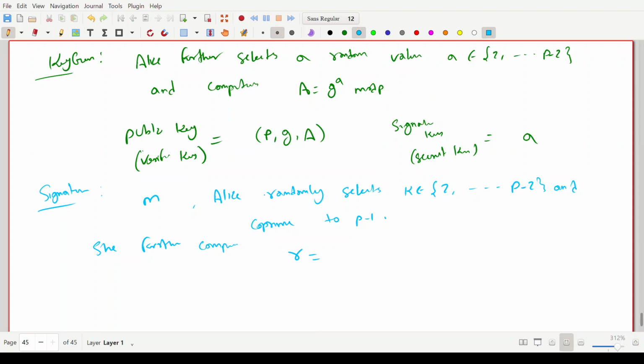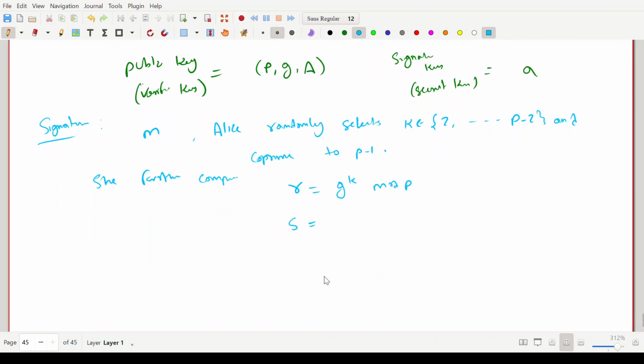R is g raised to k modulo p, and S is k inverse multiplied with h(m) minus a R, modulo p minus 1.